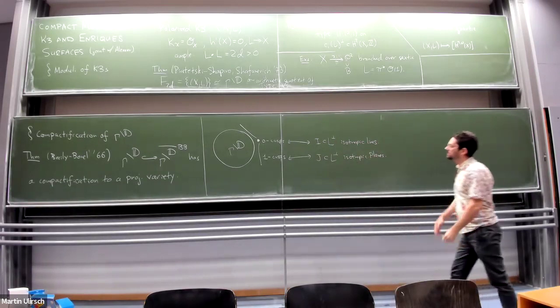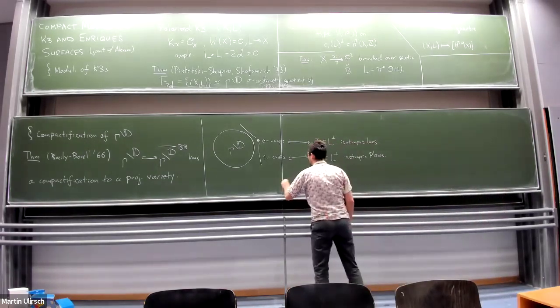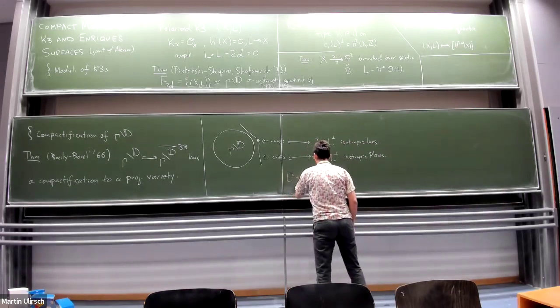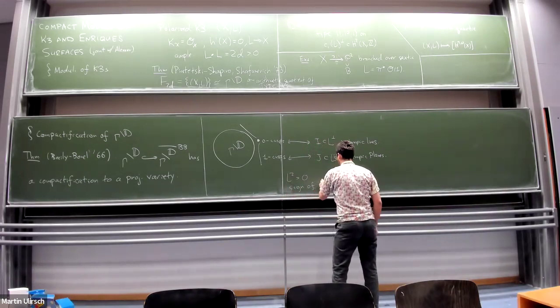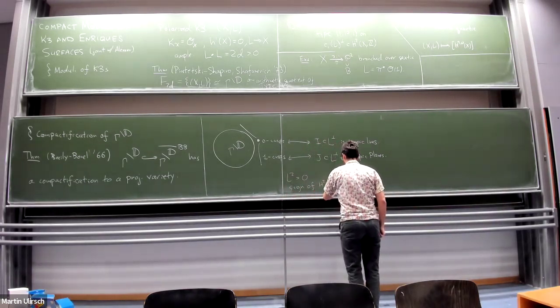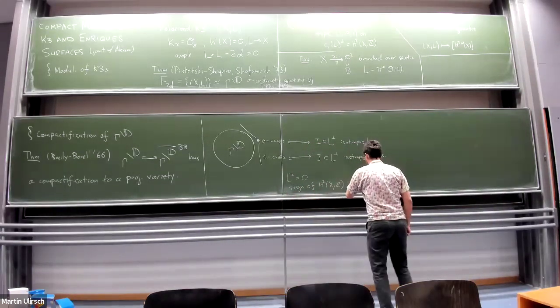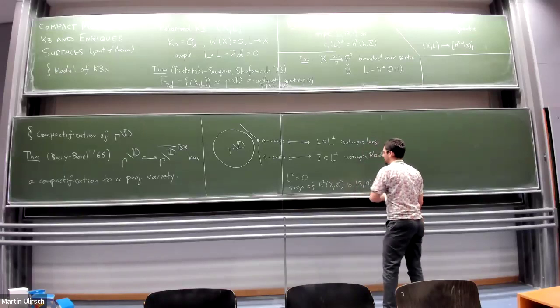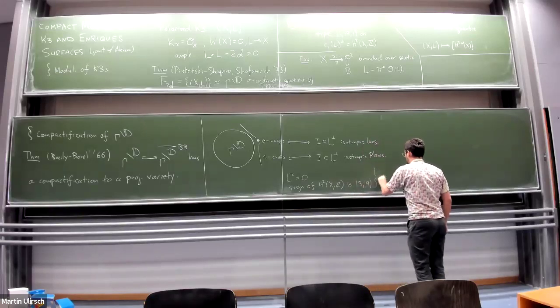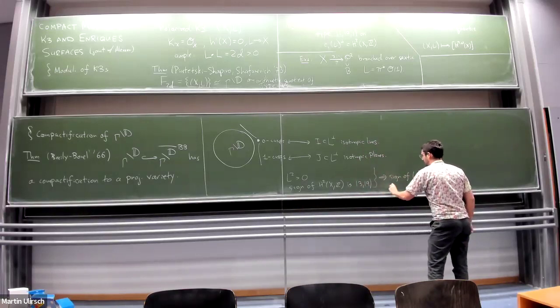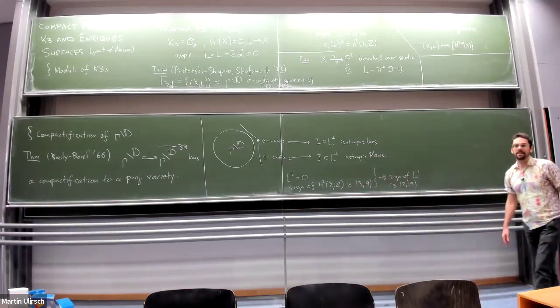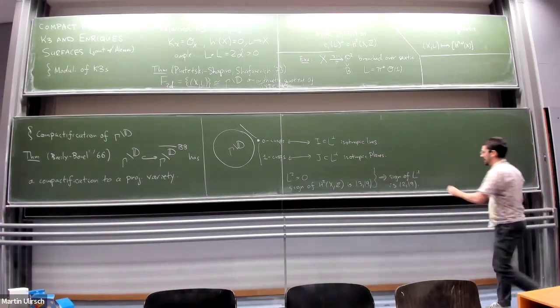And these are in fact the only isotropic subspaces because L squared is positive, and the signature of the intersection form on H2 of the K3 surface is (3,19). So the signature of L perp is (2,19), and so 2 is an upper bound for the rank of an isotropic sublattice.